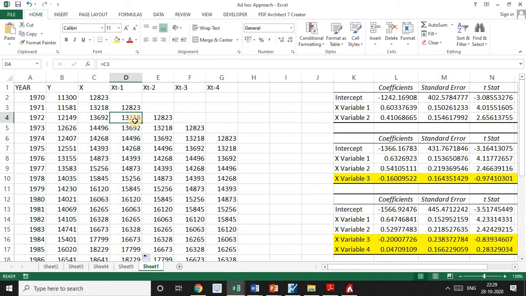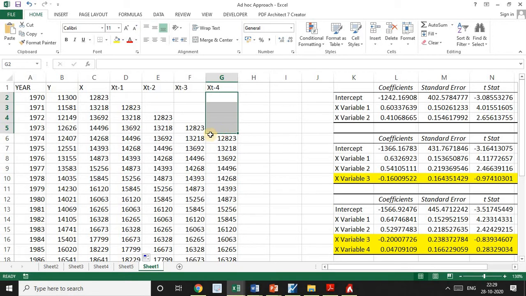So when we take xt minus 1, one value will not be available at the start, and if you take 2 lags, 2 values are not available. If you take 3, 3 values will not be available, and if you take 4, 4 values will not be available. This is the way we can construct the lagged values.